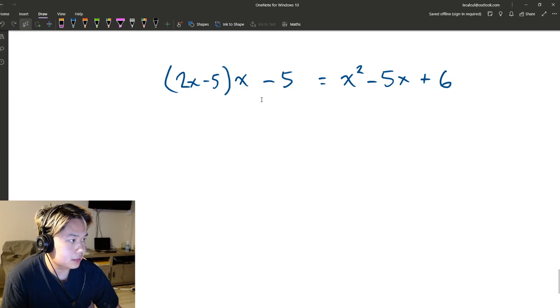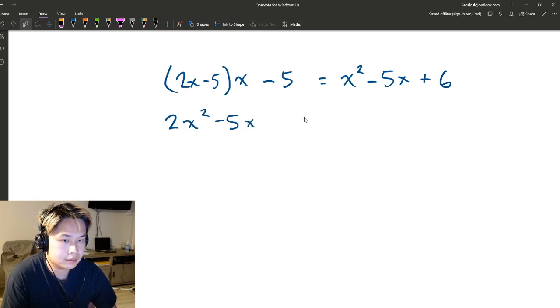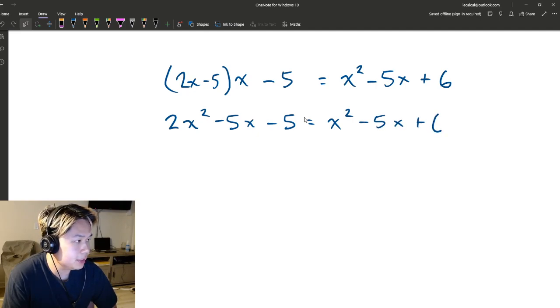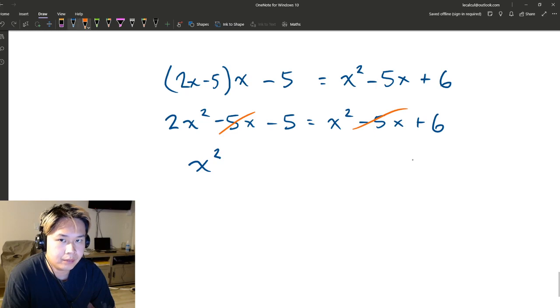And this you can just solve for x, right? So first let's expand this out. This was a pretty tough question, to be honest. Okay, and then collect everything to one side, so x squared. And then the 5x's cancel, because they're the same. And then minus 6, so minus 11.